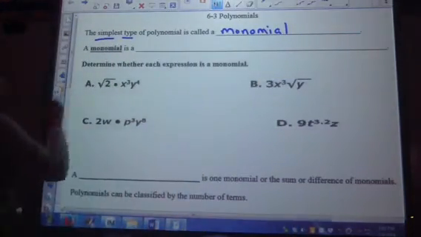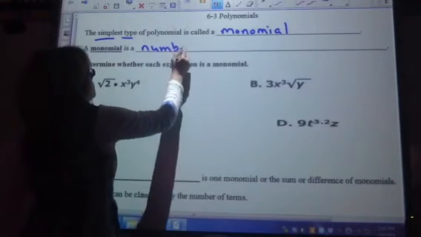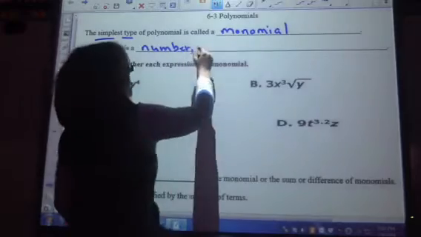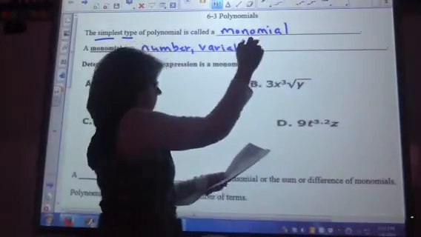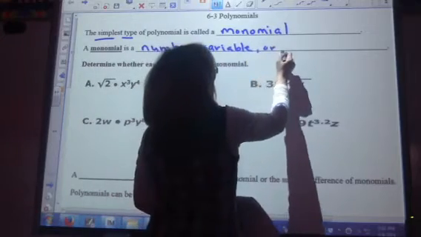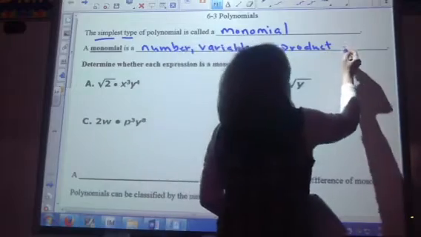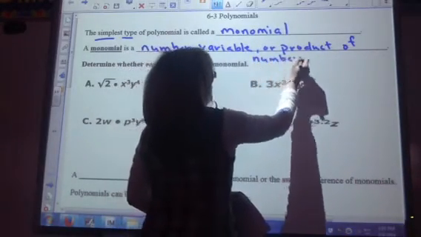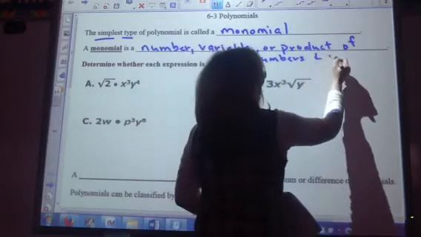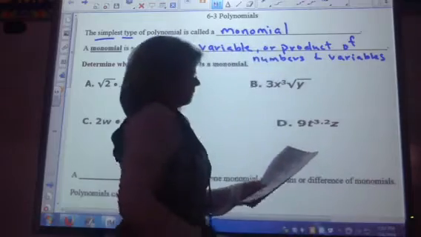All right? A monomial is a number or a variable or the product of numbers and variables.